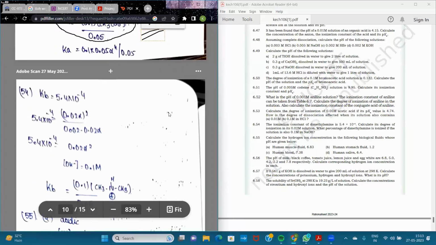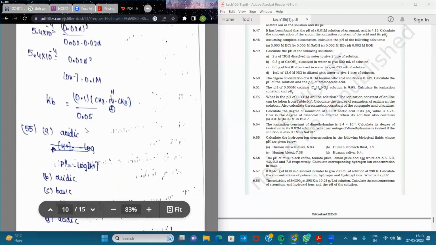54th question. The ionization constant of dimethylamine. Calculate its degree of ionization in 0.02 molar solution. If we use that expression, that is C alpha square, alpha is very small, we can get the value of alpha here. And in second question, they gave the concentration of OH minus is 0.1. The contribution from dimethylamine is very small.